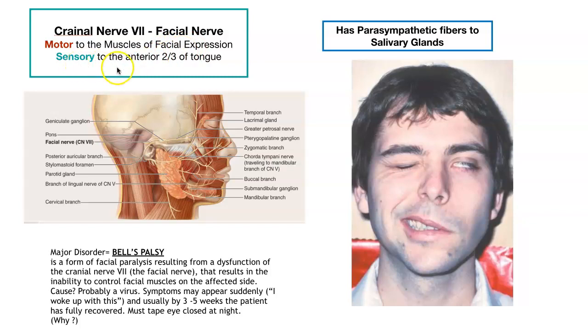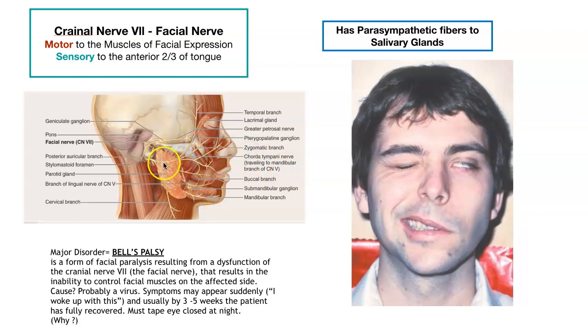And the sensory is to the anterior 2/3 of the tongue. So you can taste, is it salty, is it sweet, is it sour? That is the sensation coming from your tongue, and it's being picked up by cranial nerve 7. I'm not going to ever ask you any pictures like this, never.